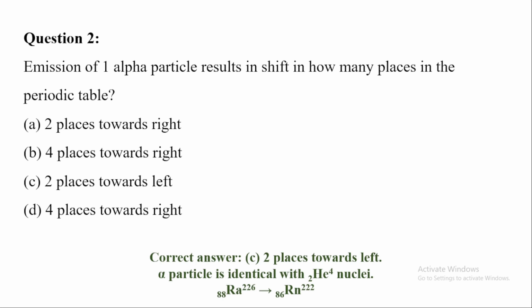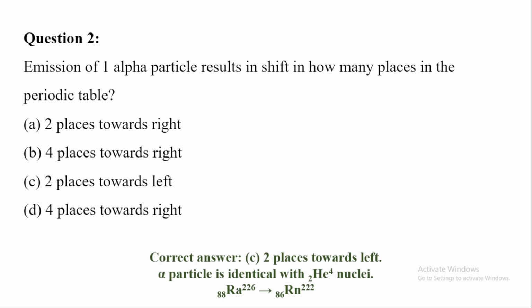Let's say an alpha particle is emitted out of radium and it turns into radon. So from 88, the atomic number is now changing to 86. So it is decreasing by 2, so it will shift towards the left of the periodic table. And it will shift 2 places, because the atomic number is decreasing by 2.